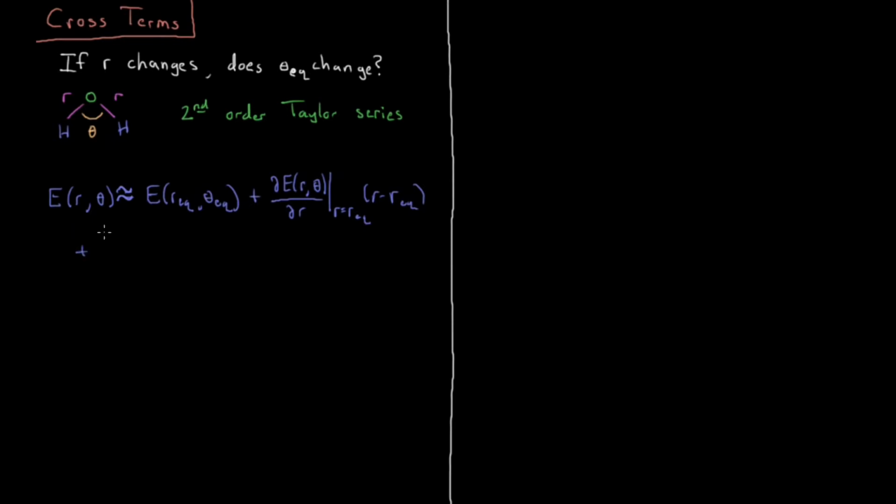Then we have a first order term with respect to theta, the partial derivative with respect to theta, evaluated at theta equals theta EQ, times theta minus theta EQ. So that's the first order Taylor series.